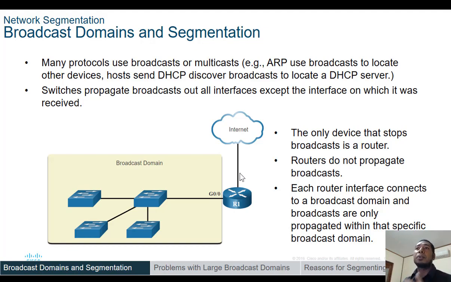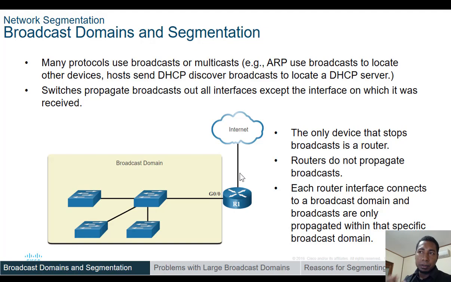So you see, switches propagate broadcasts out all interfaces. In other words, when we have router 1 and 4 switches, all of these switches will be propagating broadcasts throughout the whole network within that interface, G0/0. The router will never forward the broadcast out to other interfaces. So routers separate broadcast domains.